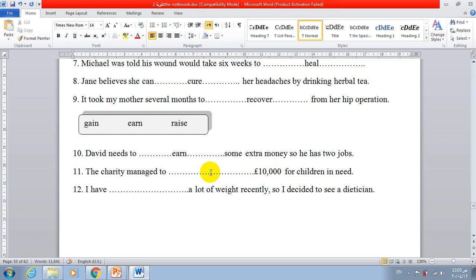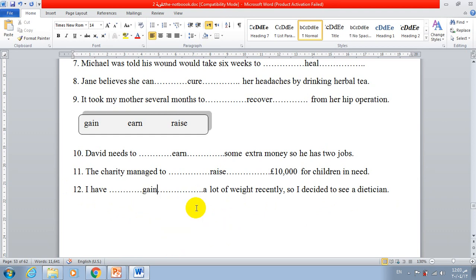Here we must use the word raise, and we use this word when we collect money to help the poor or the people in need. And number 12, I have gained a lot of weight recently, so I decided to see a dietitian. The right answer is the word gain.